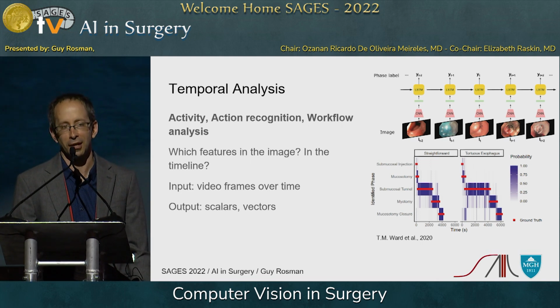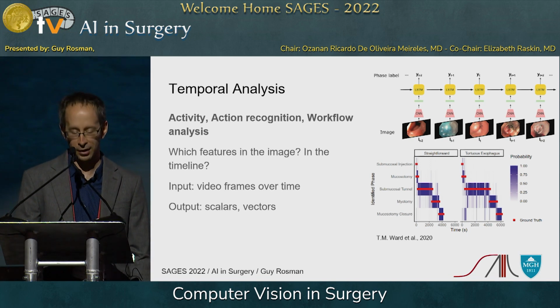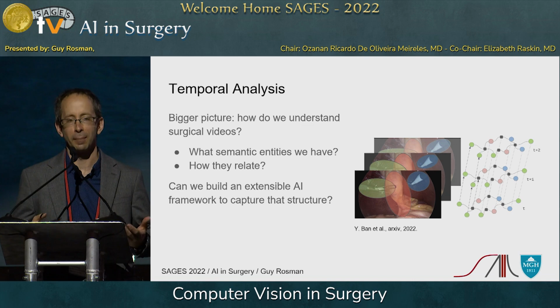This also exists a lot in surgery, and people have looked at task recognition, action recognition, surgical phases, and workflow analysis, and basically try to understand, as the computer sees the frames over time from the video, different factors that you can tell about the surgery as it's occurring, such as phases, actions, and tasks, and so forth. But we can take this to a larger context and ask, what's the bigger picture?